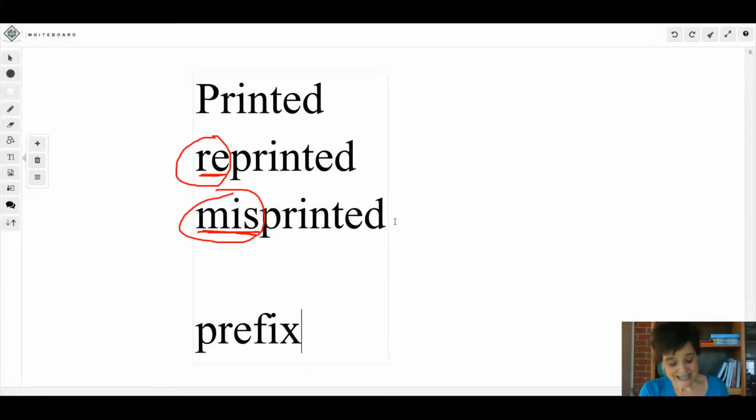And then you've got dis, un, mis, pre, and re. Now these are only some. There's more prefixes. But the prefix im, it says at the very bottom of this little box, is added only to words beginning with b, m, and p. So keep that in mind. Im only goes on a root word with b, m, or p.